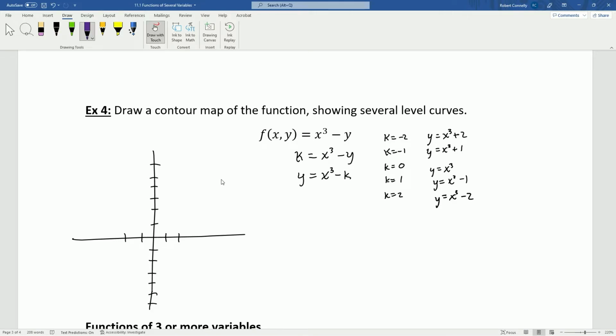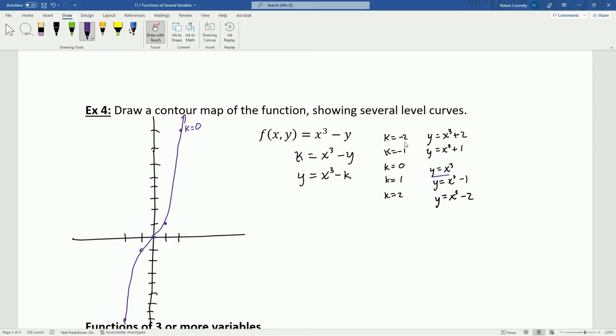Okay, so let's start with y equals x cubed. That's a cubic function. I actually need to go up to 8 here. So we'll label this as k equals 0.